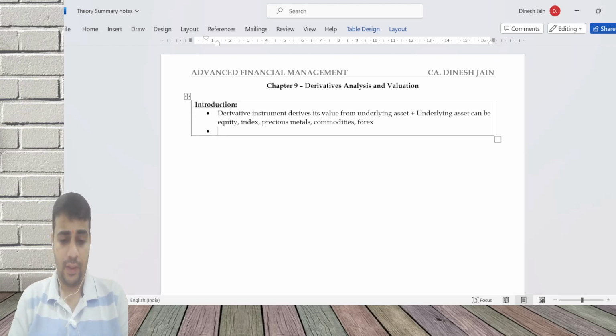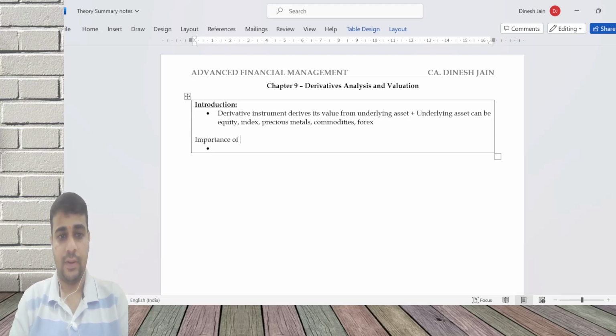Now, importance of underlying asset. In case at some stage you're not able to note down along with me, just pause the video and note it. I'll not be giving this Word document to you, so you will have to keep noting down.